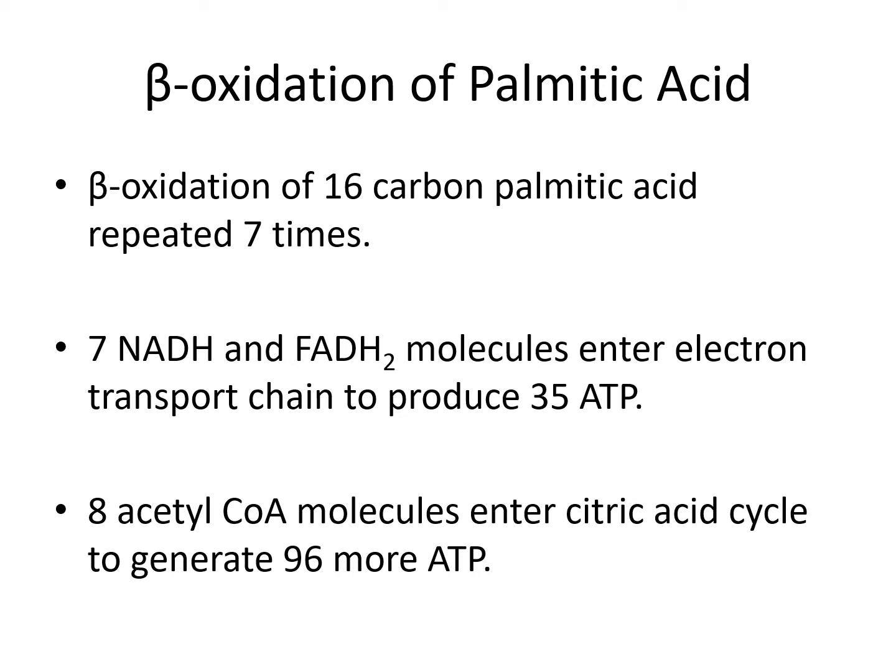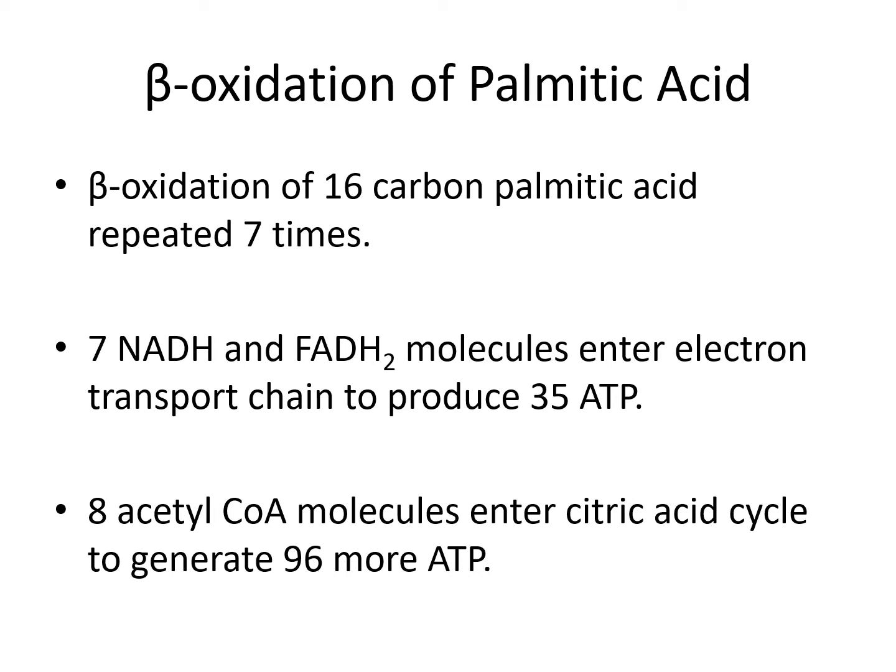Okay. As a result of the beta oxidation of palmitic acid, we will produce 7 NADH molecules and 7 FADH2 molecules, one for each of the 7 beta oxidation reactions. And this will produce 35 ATPs.